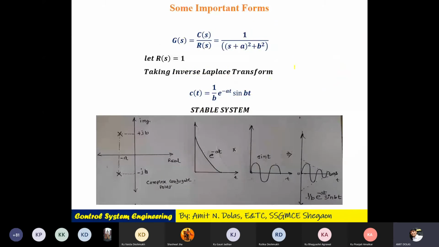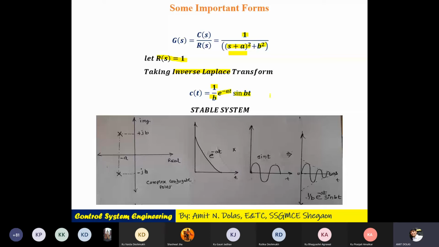Let's move further. Here there is another transfer function, which is 1 upon s plus a whole square plus b square, and if you take the inverse Laplace of this, it will be 1 by b into e raised to power minus at, for the s plus a whole square, times sin of bt.